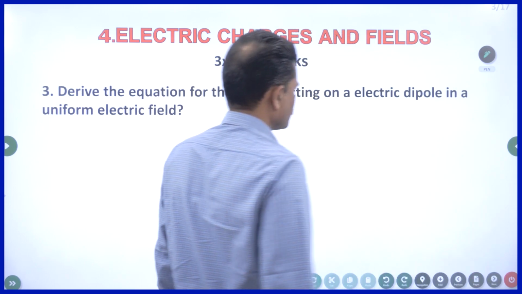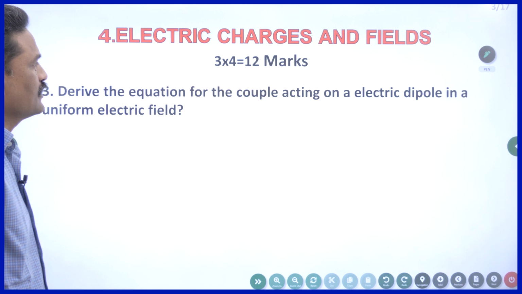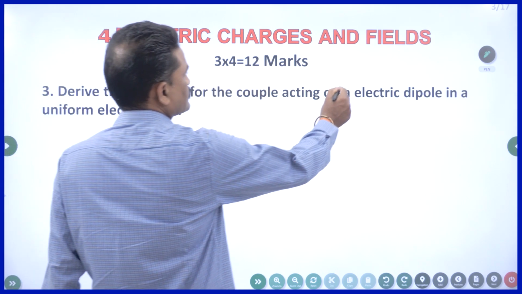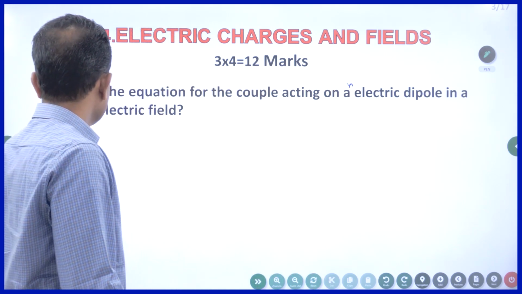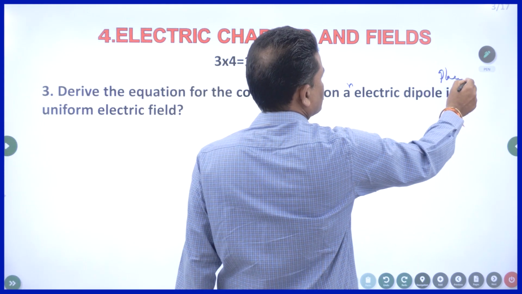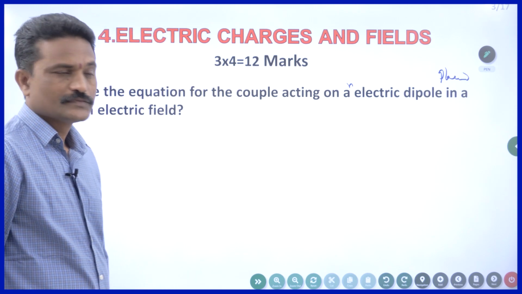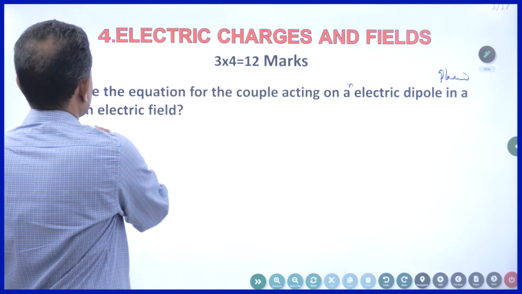Let us go to the next question. Derive the equation for the couple acting on an electric dipole placed in a uniform electric field. What do you mean by uniform electric field?